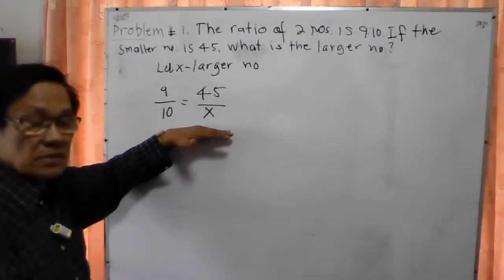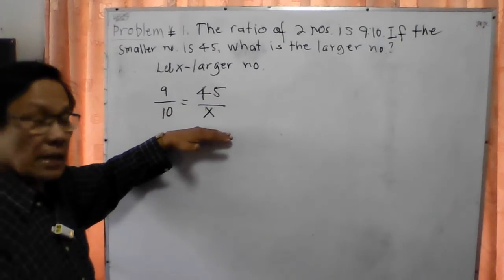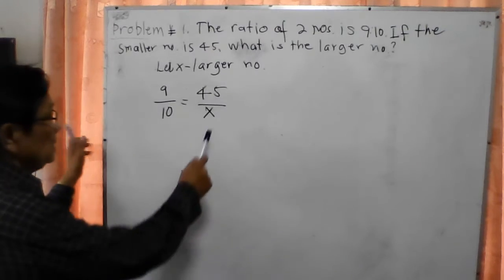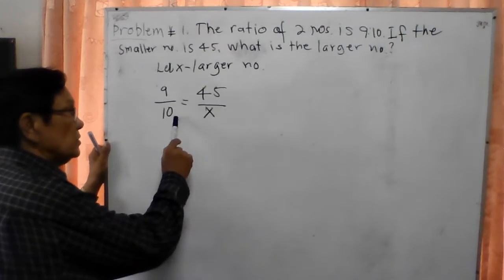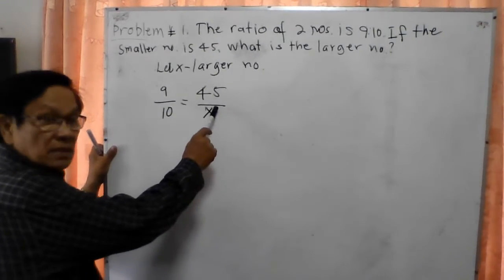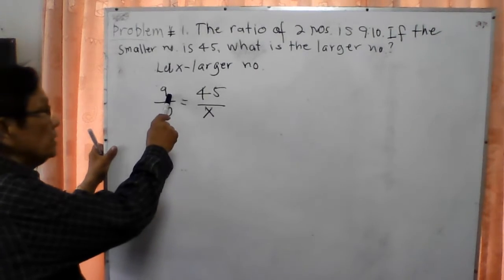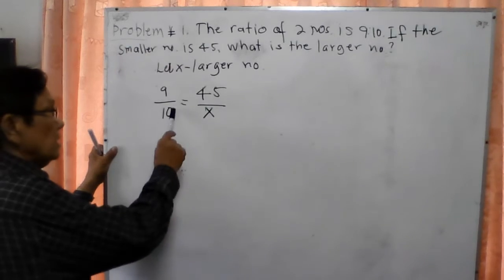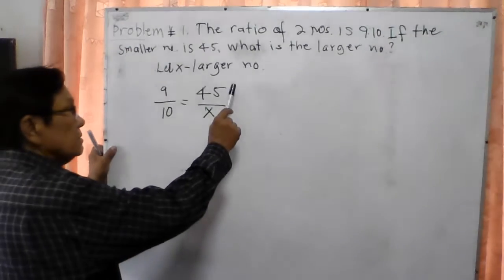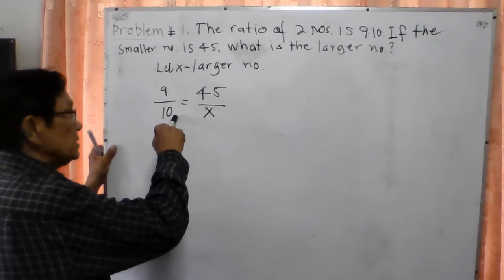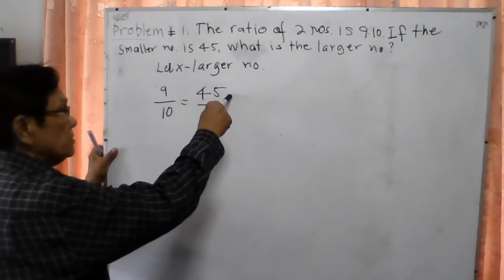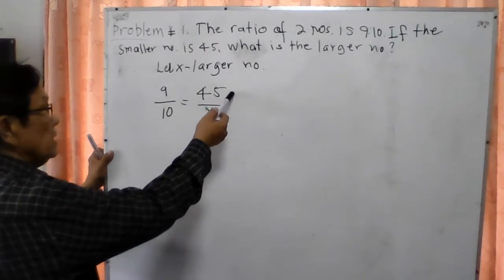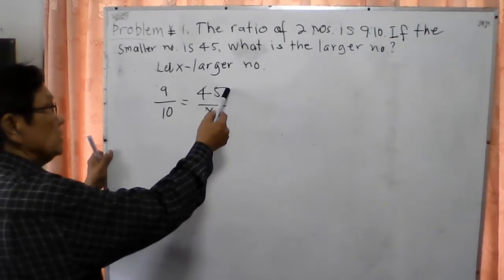And in this case, the rule of thumb is, if you move this to the other side, the denominator becomes numerator on the other side. Conversely, if you move this numerator to the other side, it becomes the denominator.